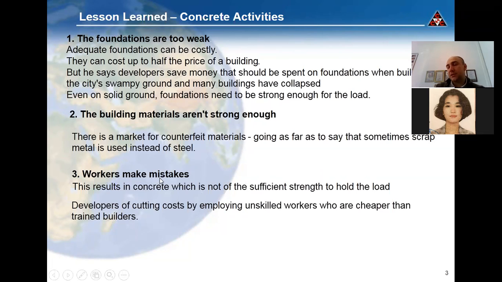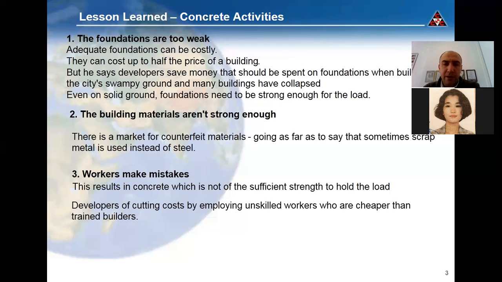Workers make mistakes. Workers' mistakes are a responsibility for engineers. So if you are responsible for the construction site, you are the foreman on the construction site, you took engineering education, you are a specialist in the construction area, so you are responsible for all mistakes that happen on the construction site.